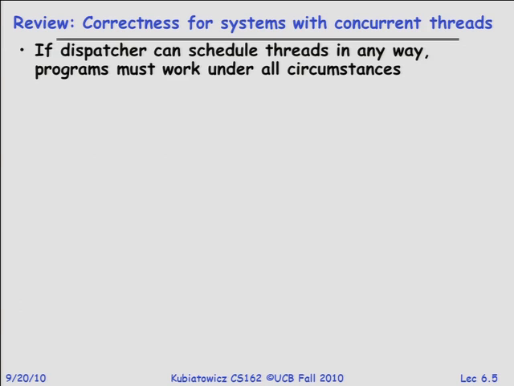So we then started talking about correctness of systems with multiple threads. Now we assume we've got threads. What can we do with them? The most important thing I was getting at the end of the lecture, and this is where we're going to pick up, is you've got to view the dispatcher-scheduler combination as malicious in some sense. If there is a bug in your code where two threads can behave badly if they're interleaved in a funny way, the scheduler will find it.